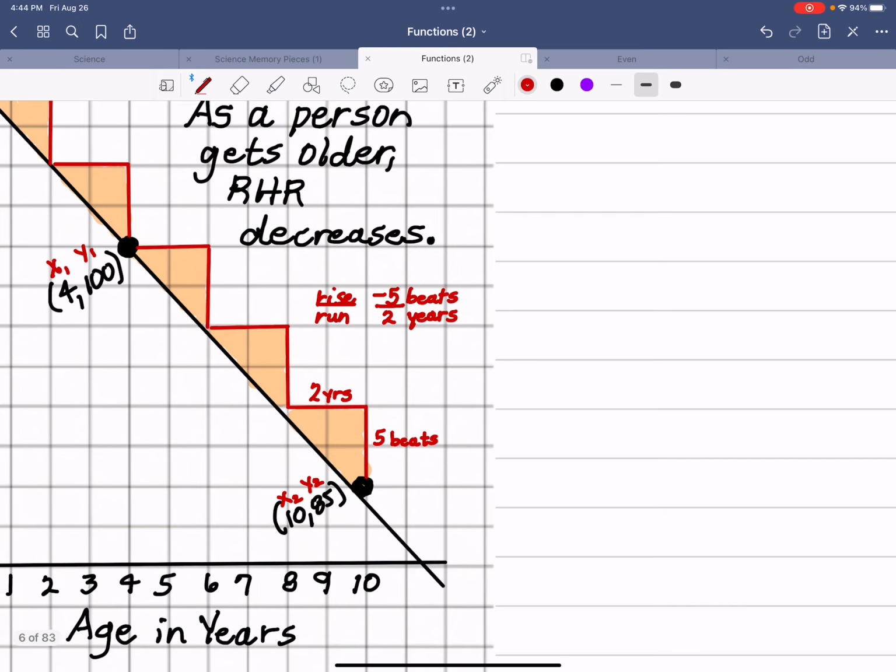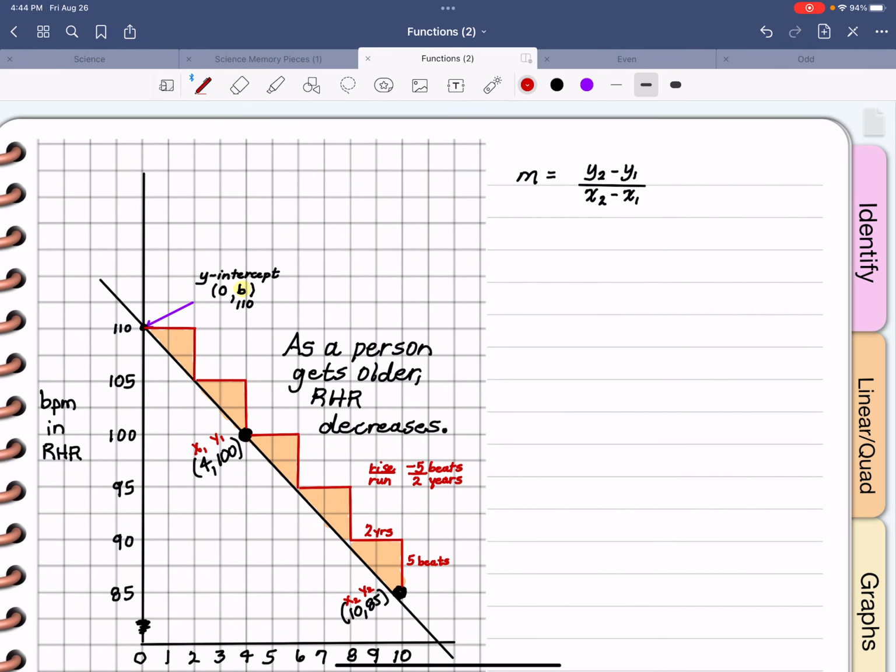So I will say 85 minus 100 over 10 minus 4. So I get negative 15. I like that because my staircase is going down, over 6. So slope is negative 15 over 6.